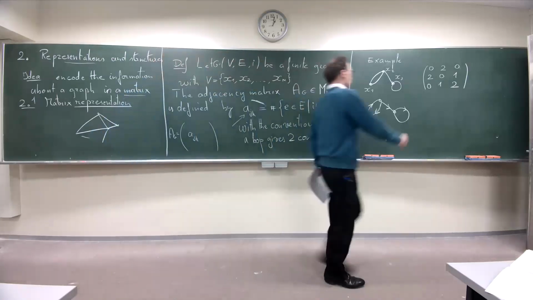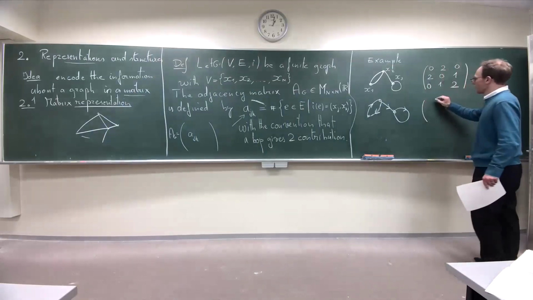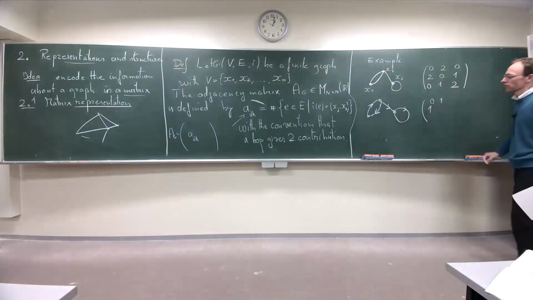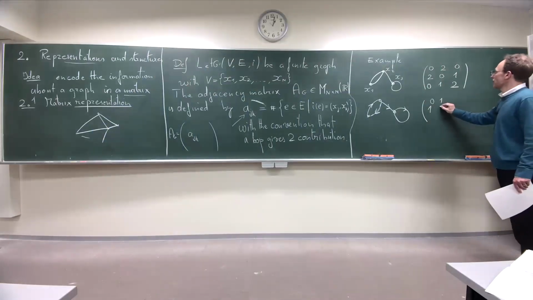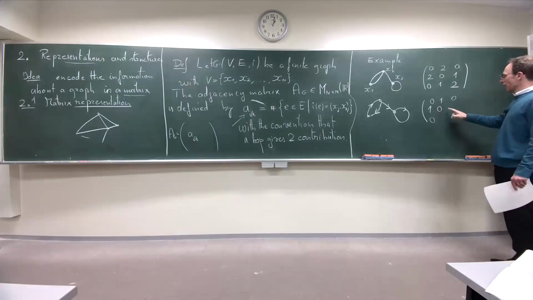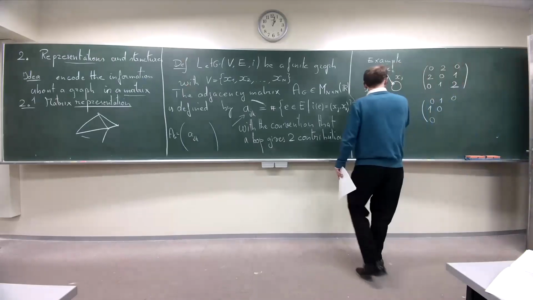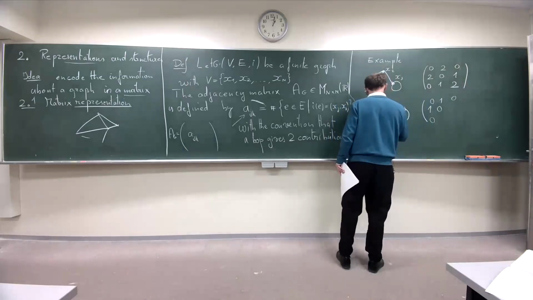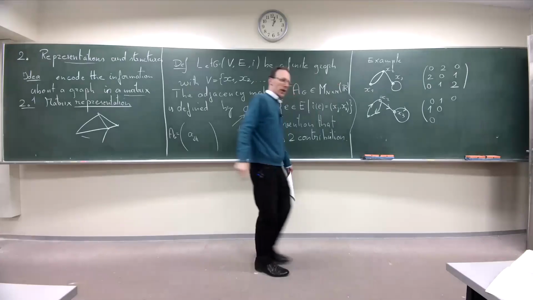So it means the matrix here is going to be 0. We have 1, 1. We have still 0. We have 0, 0. And now be careful: this is x2, x3. It goes from x2 to x3.